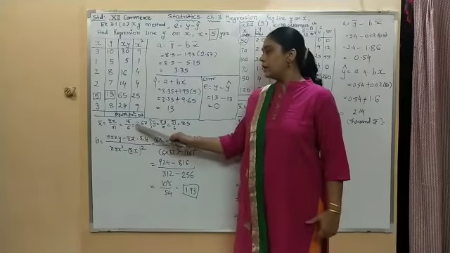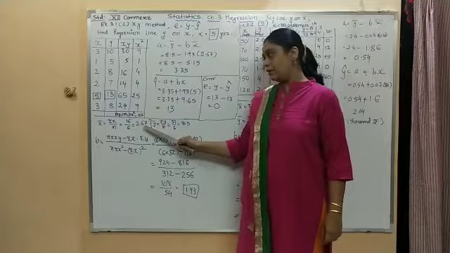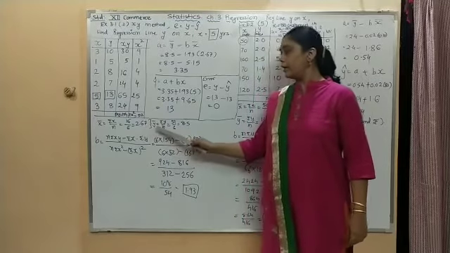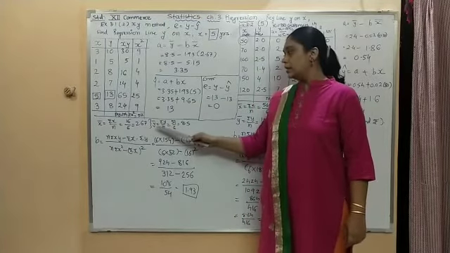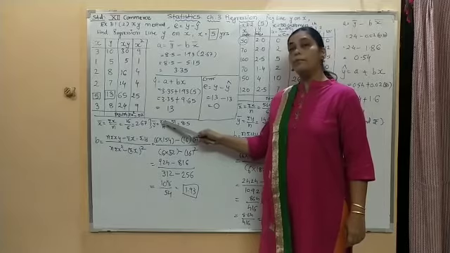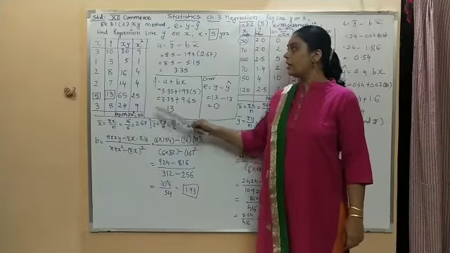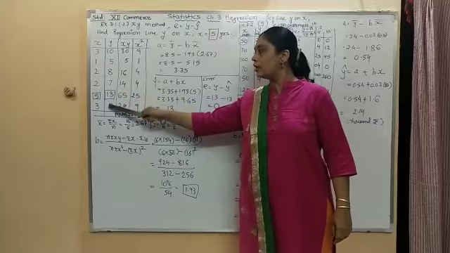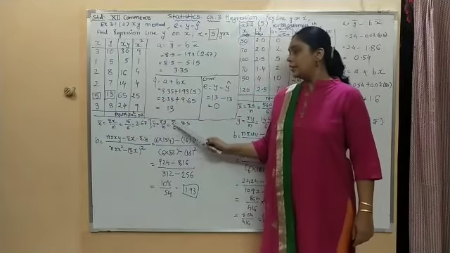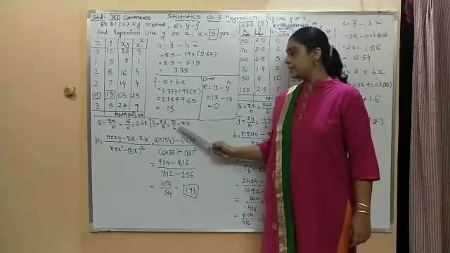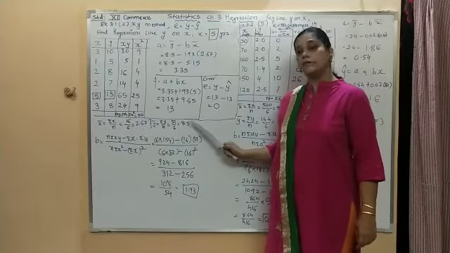The answer would be 2.67. Same way we will find y bar is equal to summation of y upon n. The summation of y, that means the summation of the second column y variable, is 51 upon 6. The answer will be 8.5.